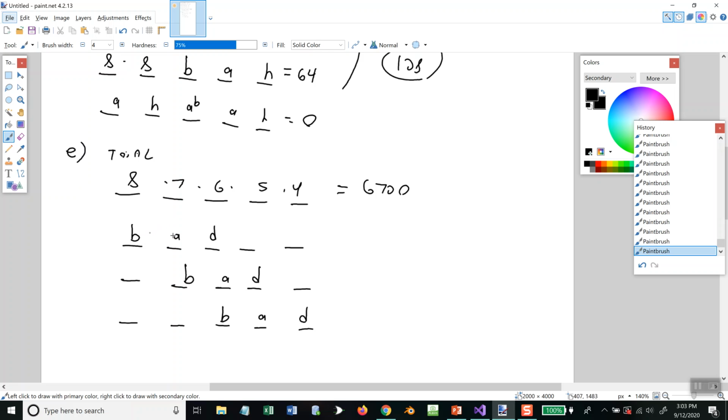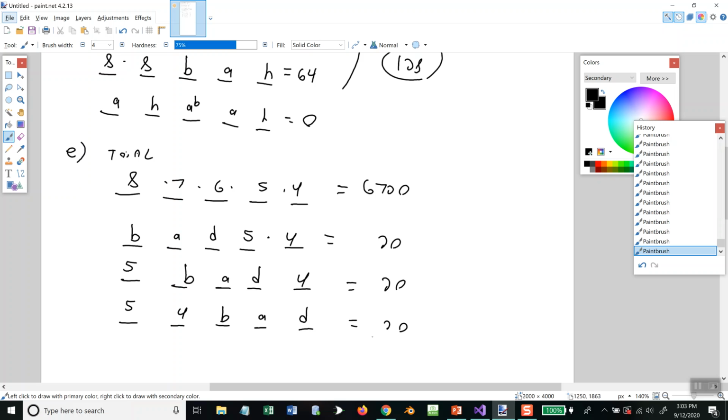So if I use B, A, and D, that means I can't use those letters. There's 8 total, so that means I have 5 left. So that'd be 5 times 4, which is 20. Same idea here. B, A, and D are gone, so there's 5 possibilities and 4 here. And 5 possibilities and 4 here because B, A, and D are gone.